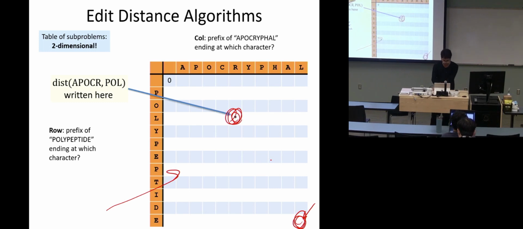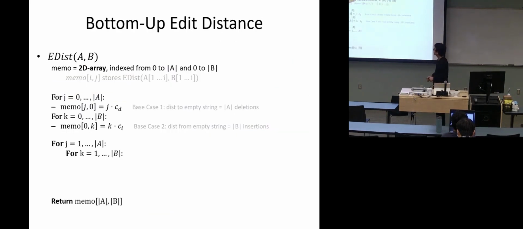Although you only need to compute the last entry here, what you're going to do is fill up this table from the bottom up. Now you just write down the algorithm, how to fill up this table. Well, okay. You're going to need to fill up the base case.